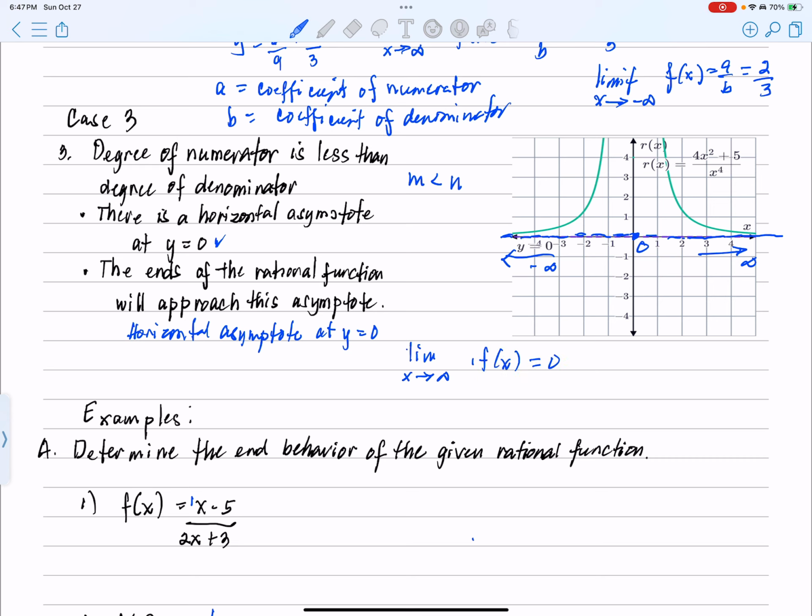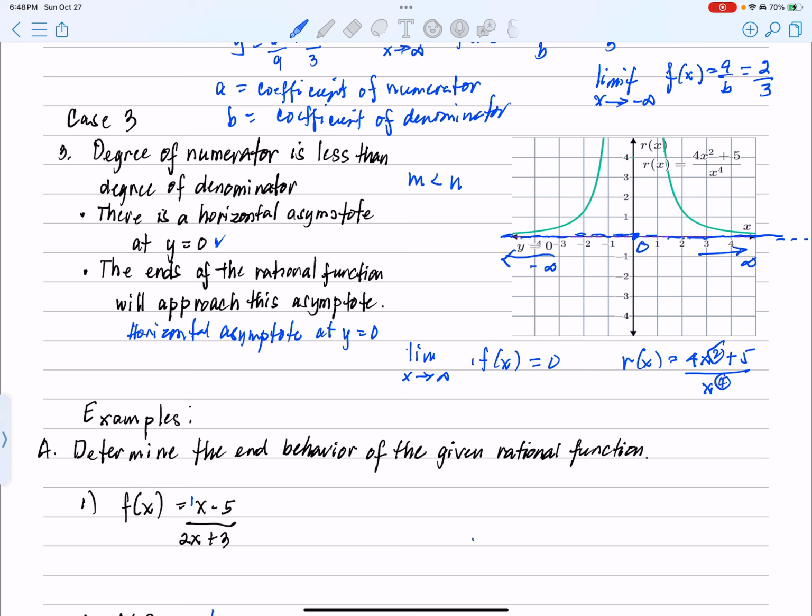As it goes on and on and on, if you apply it in the equation, so if we look at our given here, we have r of x is 4x squared plus 5 over x to the 4th. See, the degree of the numerator is less than the degree of the denominator.